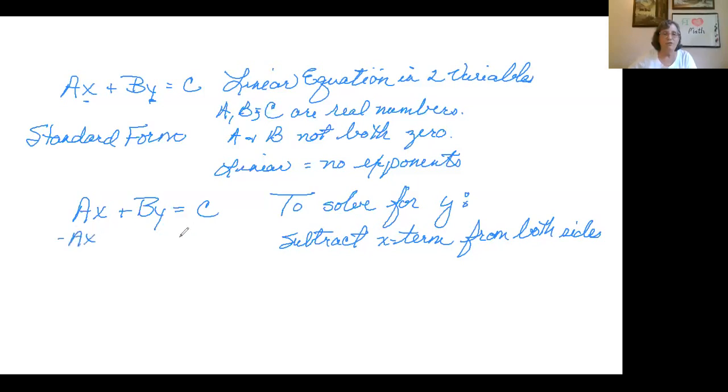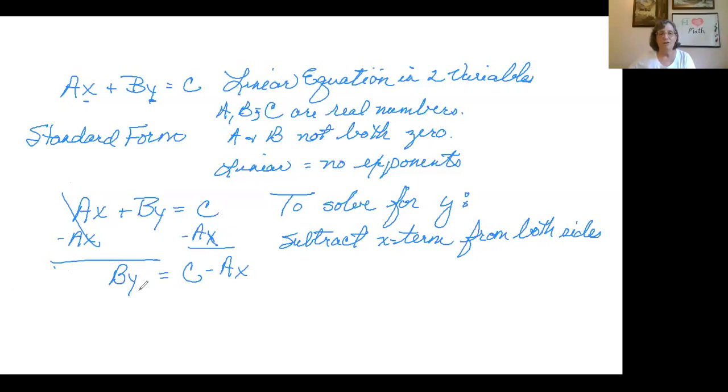If I were to subtract ax here, that's just going to leave the by over here because that cancels. Now, this term has an x and this one doesn't, so I cannot combine these into one term. I can only say c minus ax.